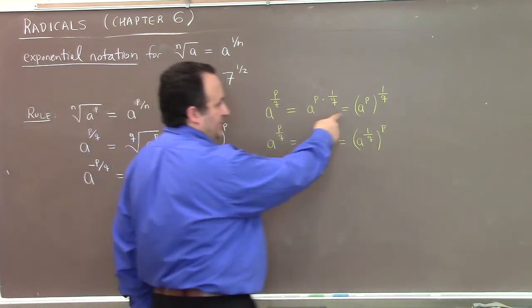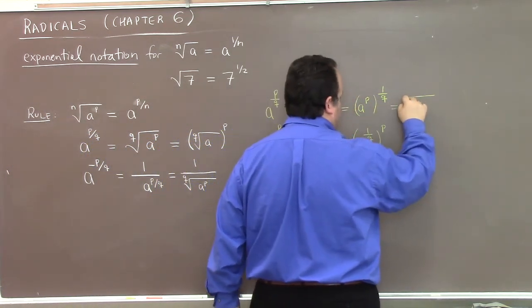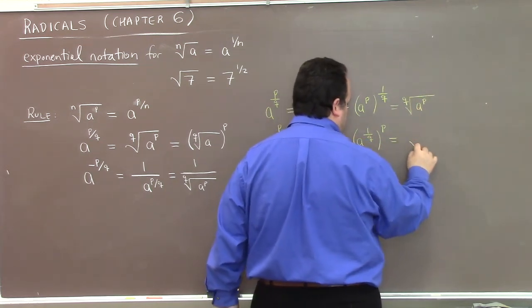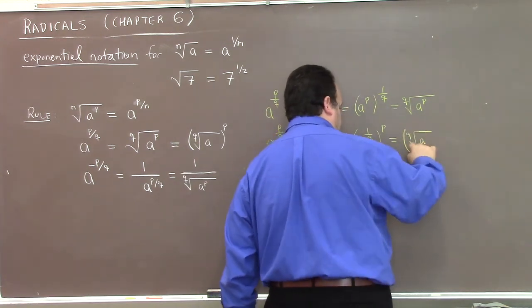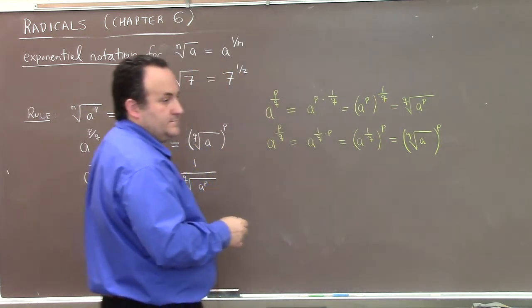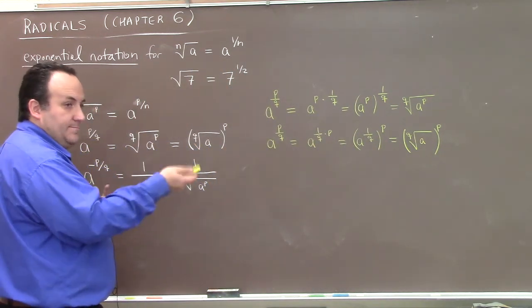So this one would mean, in terms of radical notation, the qth root of a to the p, whereas this one, in terms of radical notation, would be the qth root of a all to the power p. And those are equal.